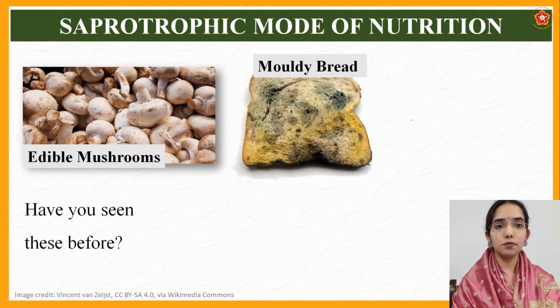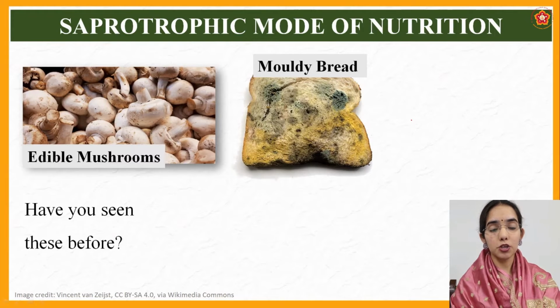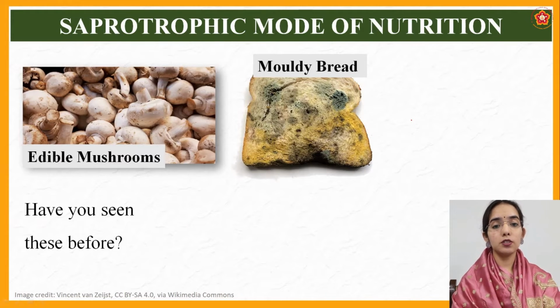Have you seen these before? I'm sure you must have eaten mushroom, and you must have also seen a moldy bread. When the bread is kept for a very long time, especially during rainy season, you can see molds being formed on it.